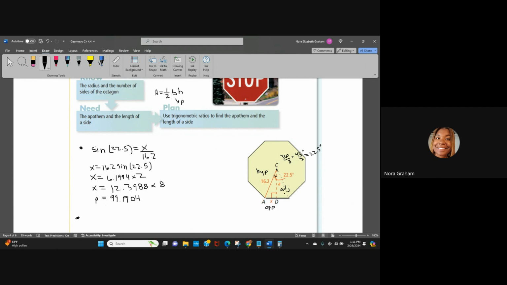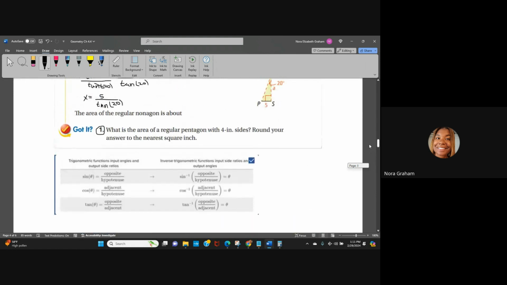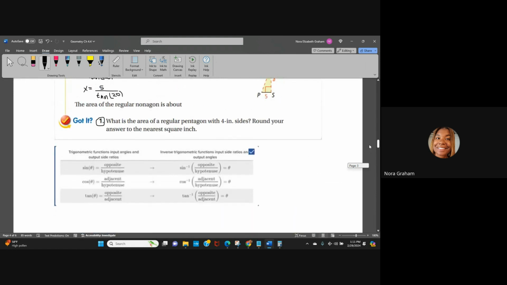My height is my apothem, which is this right here, where you're going to use more trig to find that. And this time I want to find a trig ratio that involves my hype because I'm already given my hype, which is 16.2, and my adjacent. So I go back to my trig chart and look which one involves adjacent and hype. It's going to be cosine.